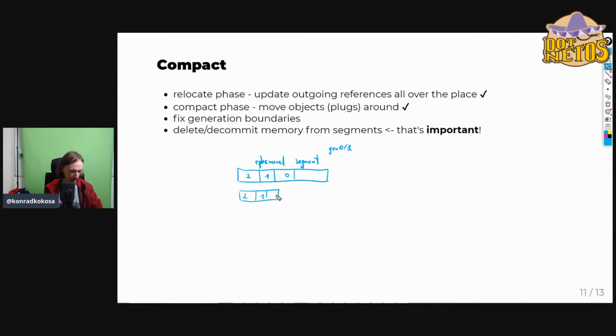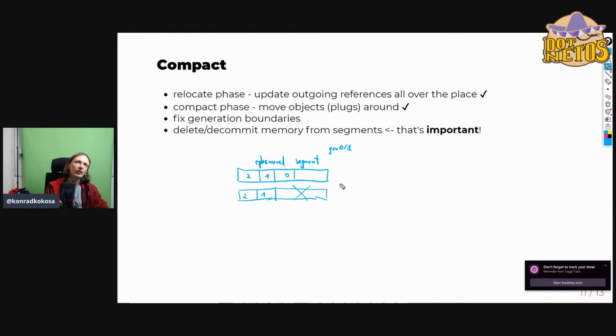We can even say that in the ideal situation gen 0 should be empty after compaction, so let's draw it like that. And now gen 0 may be empty after compaction, and if gen 0 is empty here, we could decommit part of the ephemeral segment.